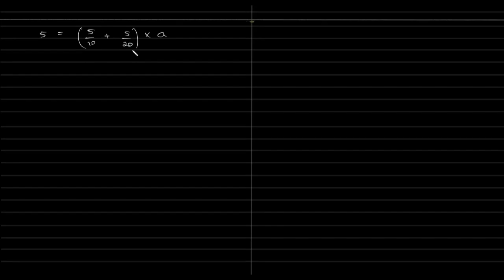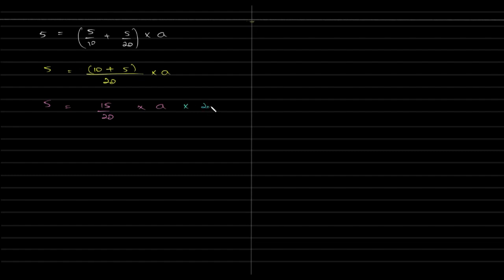So we have the LCM is 20. So we have 20, numerator is 10 plus 5. So 5 is equal to 15 by 20 into a. So how do you calculate it further?